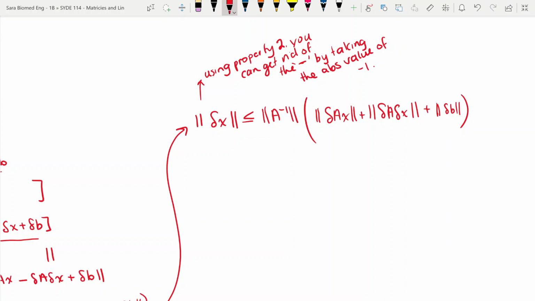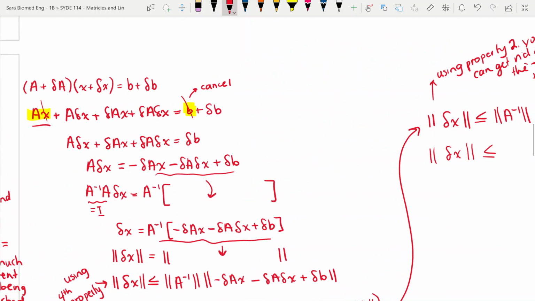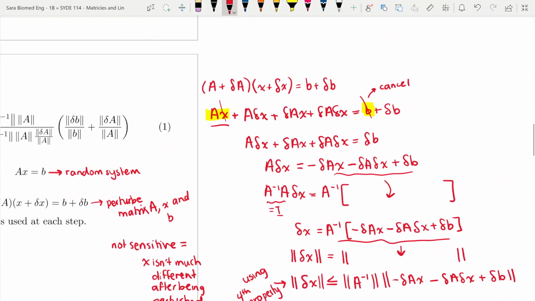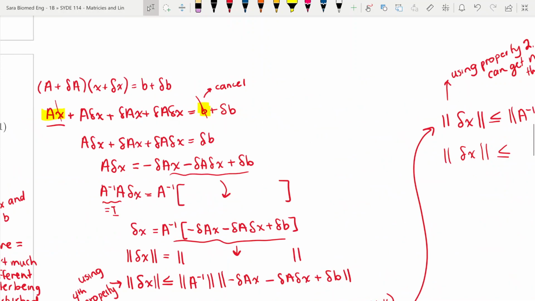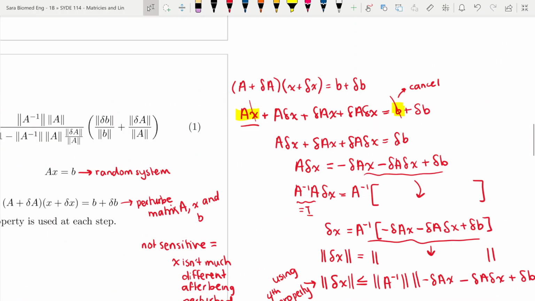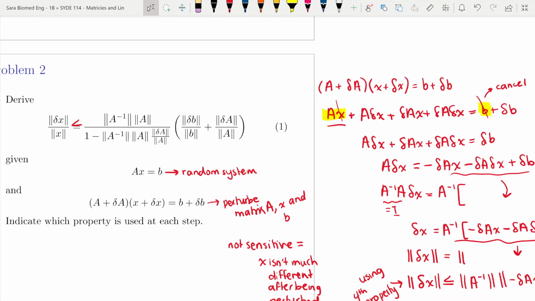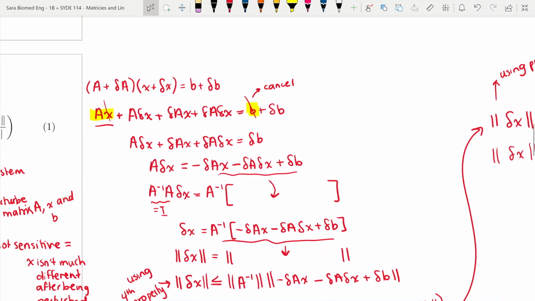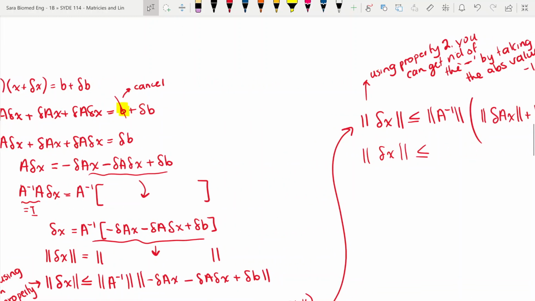So delta x is less or equal to... this is delta A, that's delta A. So we're going to combine these two terms.